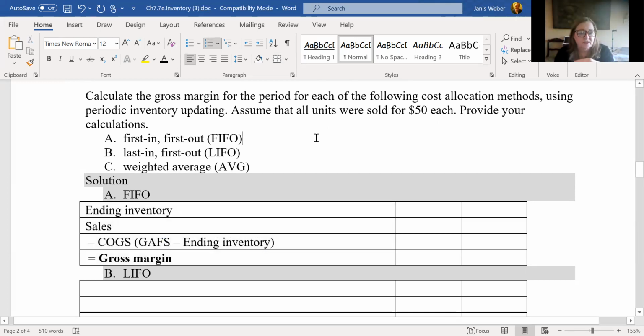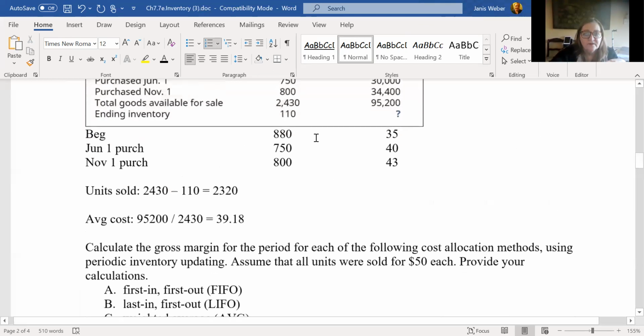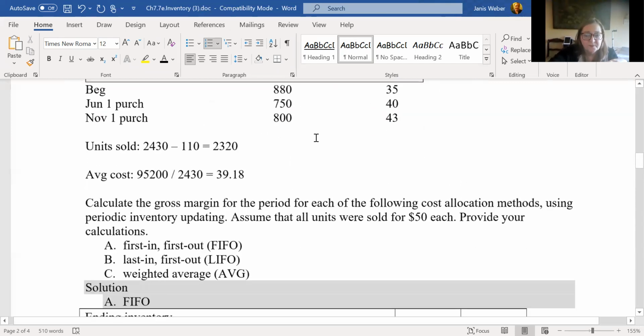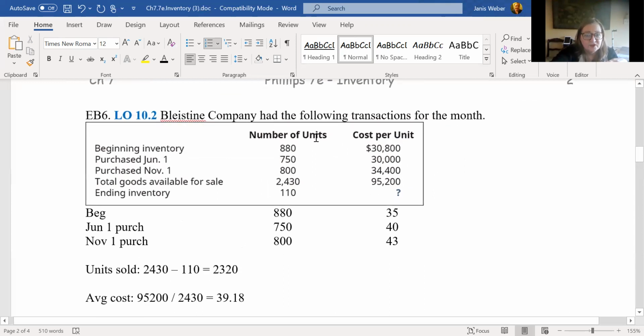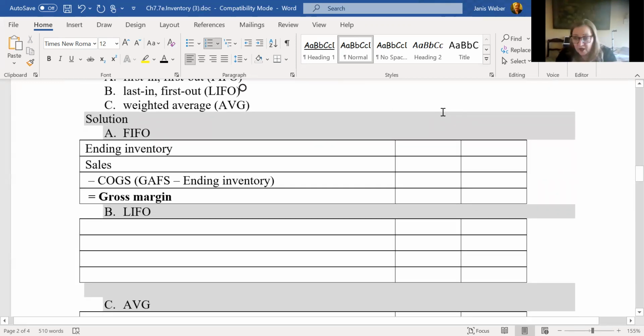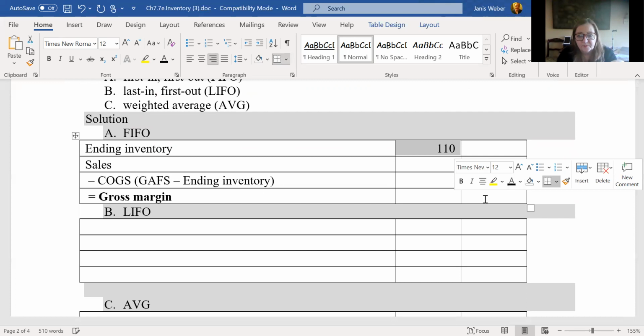We're going to first come up with the ending inventory. And so the ending inventory is 110 units, right? We know that because they gave it to us in this data set. So in all cases, we have 110 units. So this line, we're just going to use to put our 110.